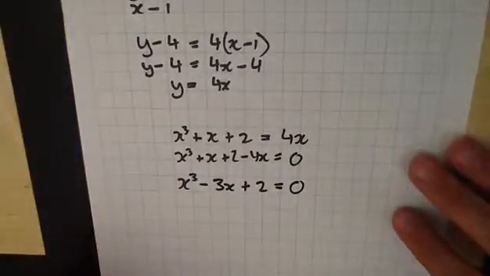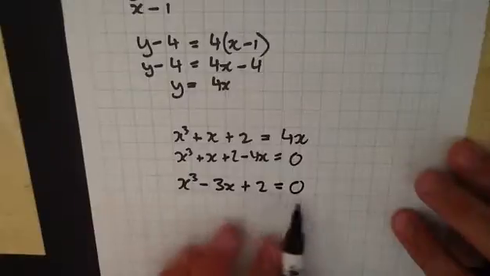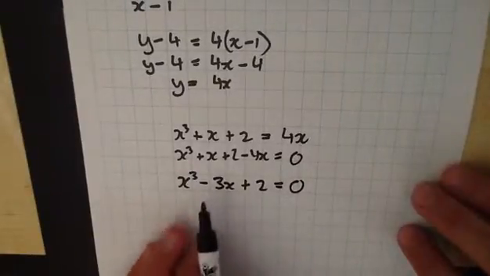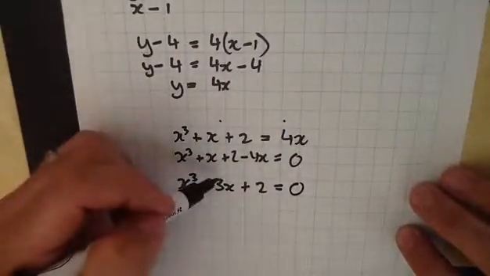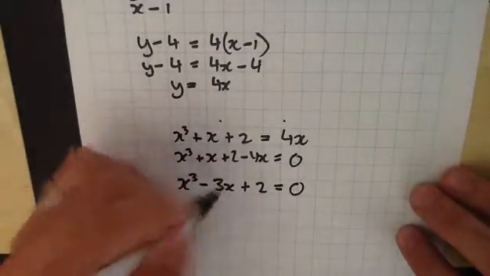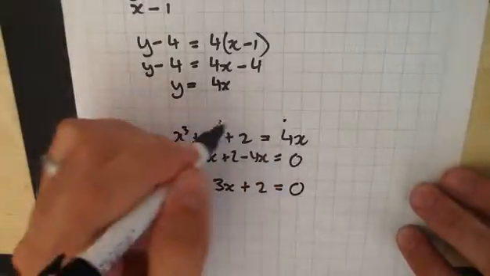What I've got here are the solutions of this cubic. The roots of this cubic, where this cubic crosses what we now call the x-axis, are actually the points at which these two meet. So the zeros, roots, solutions, whatever you call them, of this cubic are the points at which these two meet.